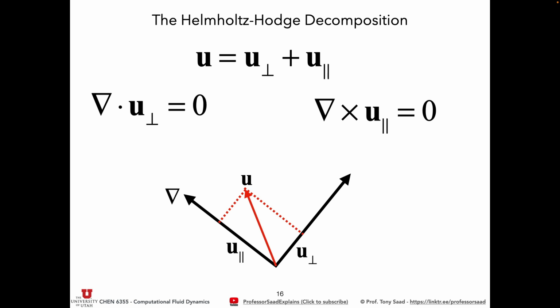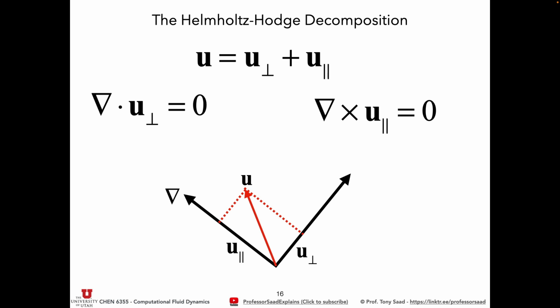Okay, I always like to think of nabla as just a vector. So if you think, although it's an operator, but if you think of it as a vector and draw some arbitrary vector u, the Helmholtz-Hodge theorem says if u is well behaved, doesn't explode at infinity, or there's no singularities, etc., then you can decompose this into a component that's parallel to nabla and a component that's perpendicular to nabla.